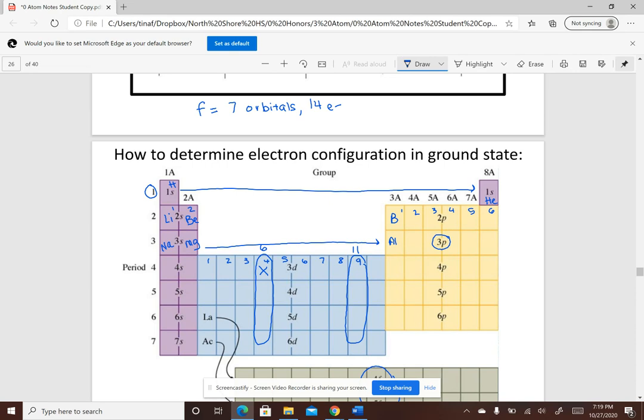If those orbitals are half filled with 5 or fully filled with 10, they're more stable that way. So instead of 2 electrons in the 4s orbital and only 4 electrons in the d orbital, it is going to take that extra electron to get to 5.